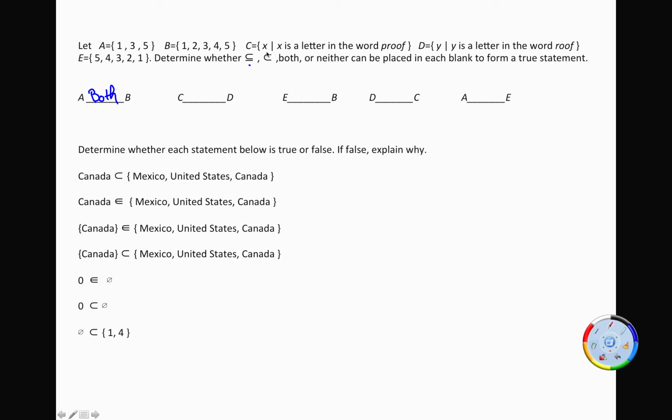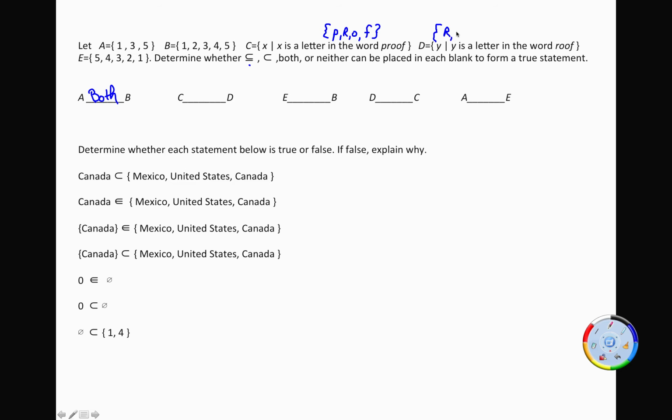All right, C is the set of all X such that X is a letter in the word proof. In other words, we already said that this is P, R, O, and F, and D is listed in roster form. I cannot do my braces on this tablet.